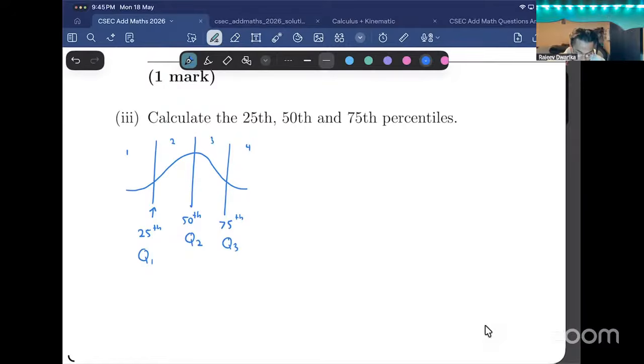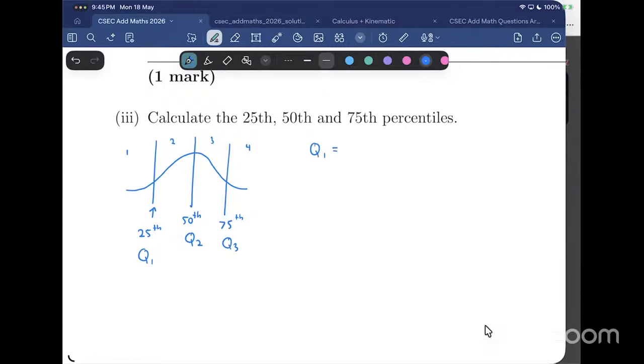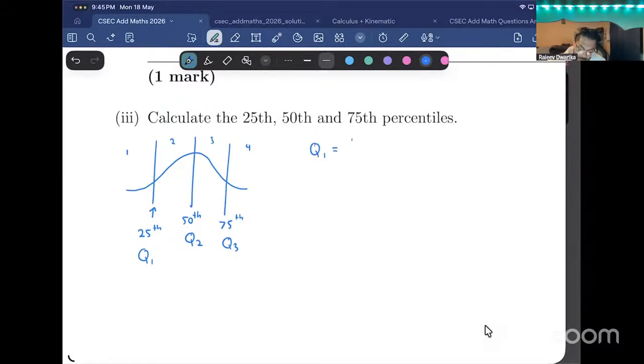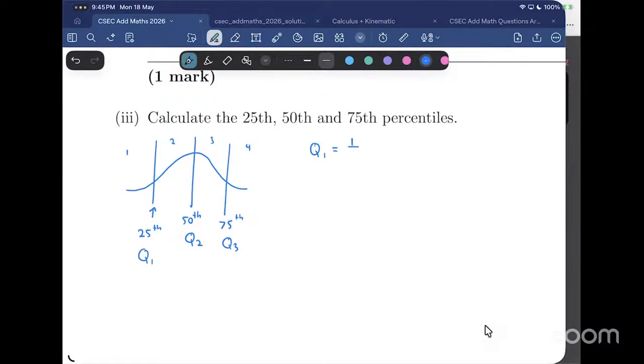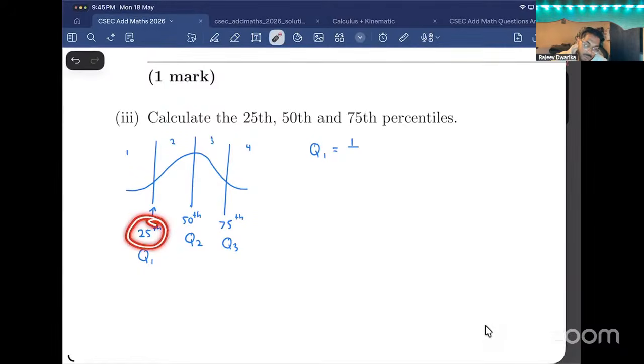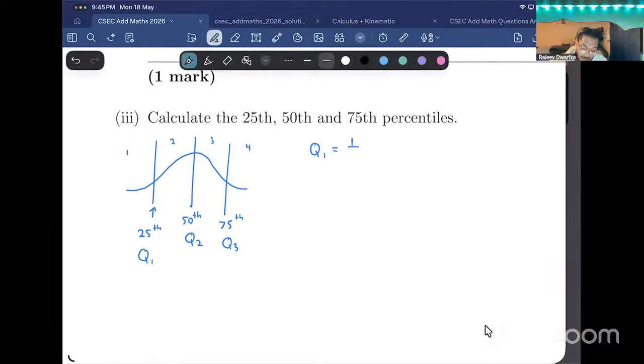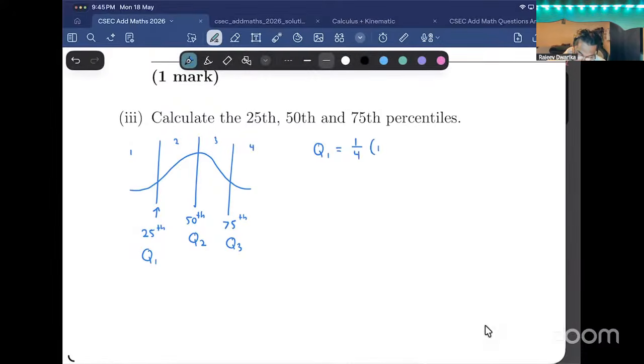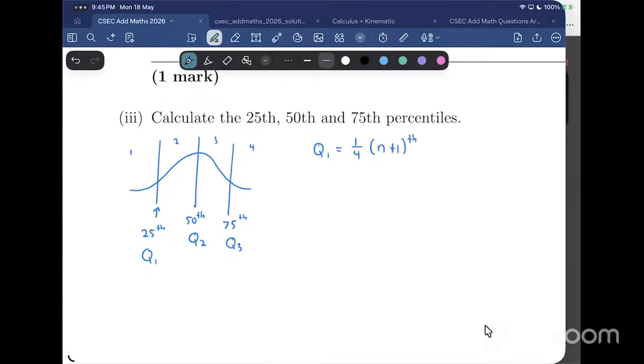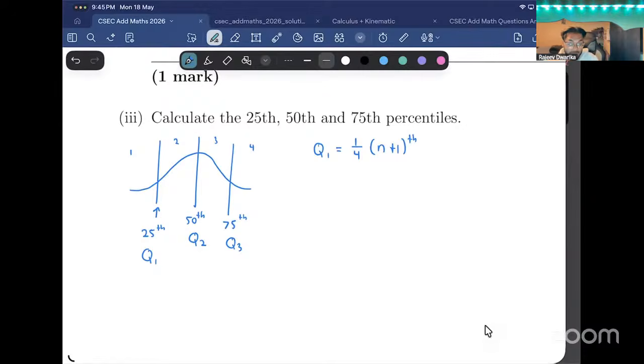If you want to find Q1, that's going to be 1 over what? Well, the 25 is the percentage, so it'd be 1 over 4, (n plus 1), and this will tell you the position of the 25th percentile.